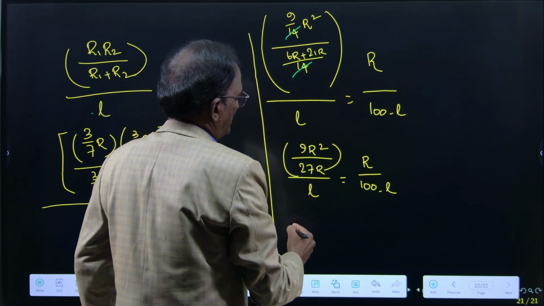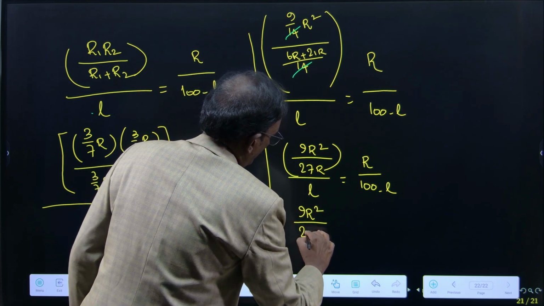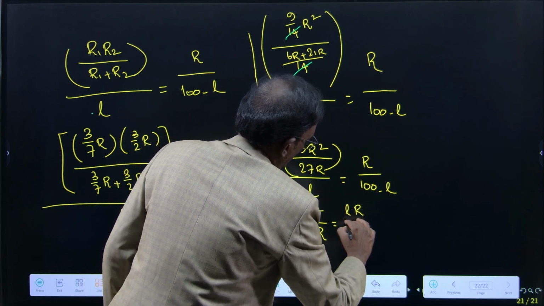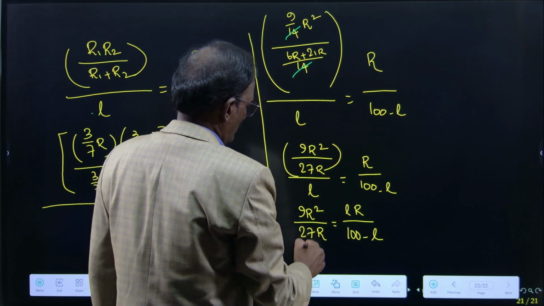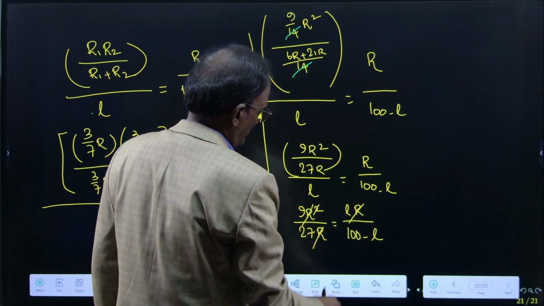This L can be taken to the right hand side. 9R square divided by 27R is equal to L into R divided by 100 minus L. One R can be removed, this R can also be removed.